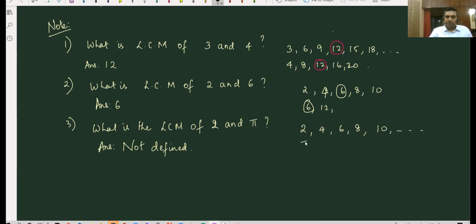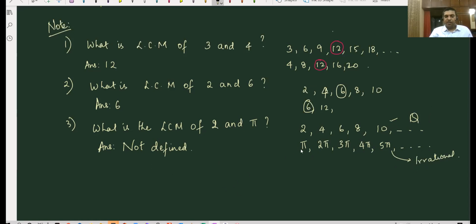However, now 2, 4, 6, 8, 10, and so on, these are multiples. The multiples of pi are pi, 2 pi, pi plus pi, pi plus pi plus pi, 3 pi. Okay, the third multiple, fourth multiple, fifth multiple. Is there a possibility? All these are rational numbers, in fact integers, and these are irrational numbers.